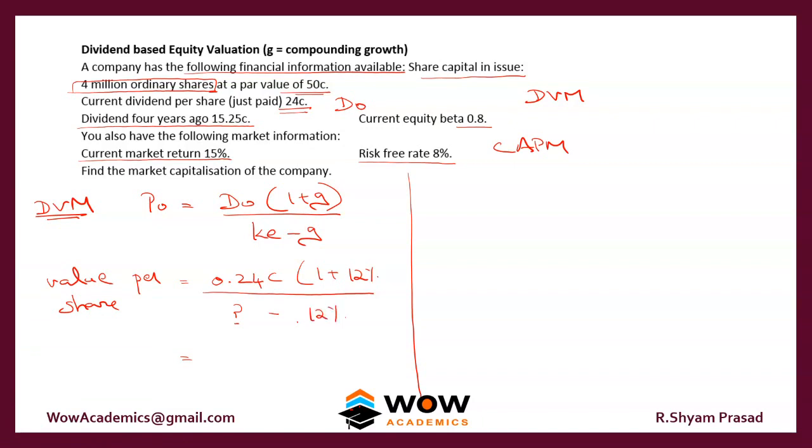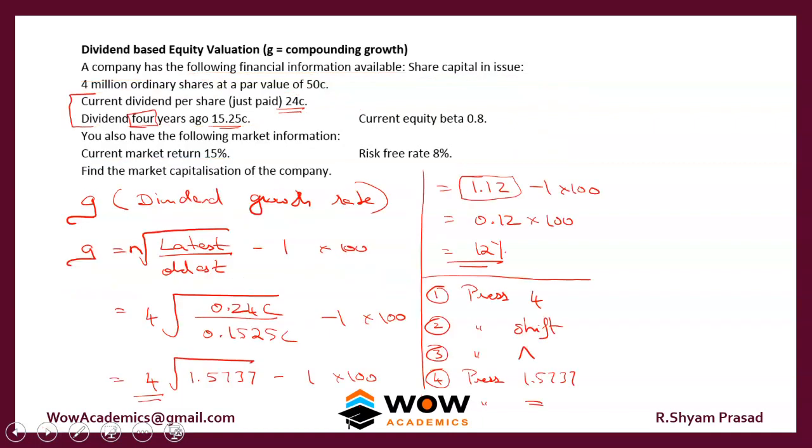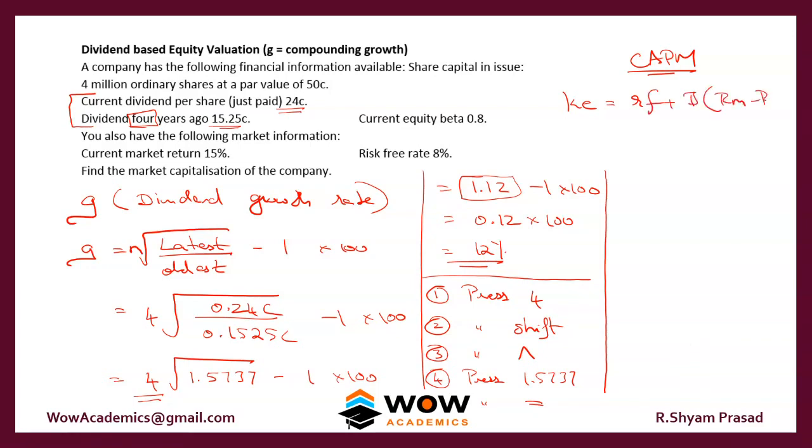So now we have to find out the KE. So how will we find out the KE? All information for KE is given here. For example, to find out KE through the CAPM method, KE is equal to RF plus beta (RM minus RF).